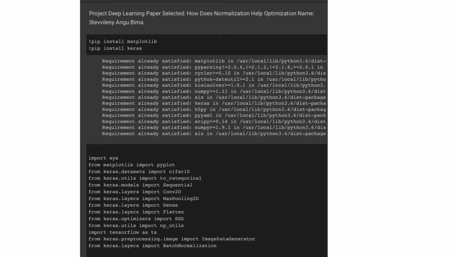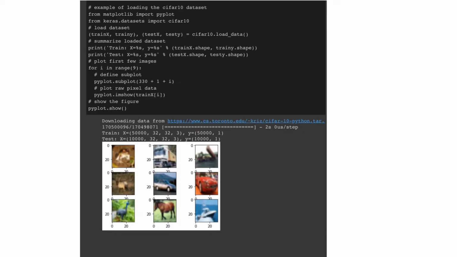I use Google Colab for running the data, and I use the Keras package as well, and then I use CIFAR 10. I use this since the paper that I selected is using the CIFAR 10 dataset as well, which is comprised of 60,000 examples of 32 by 32 pixel color photographs of objects from 10 classes.